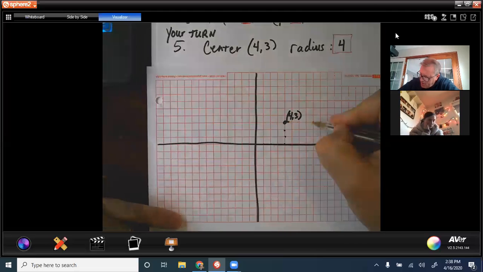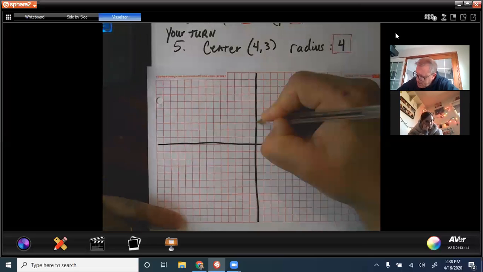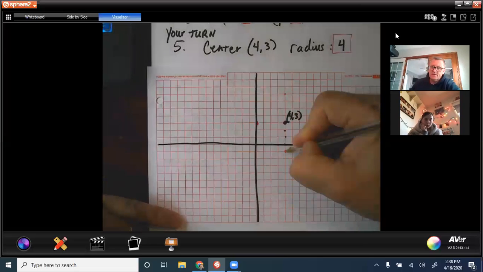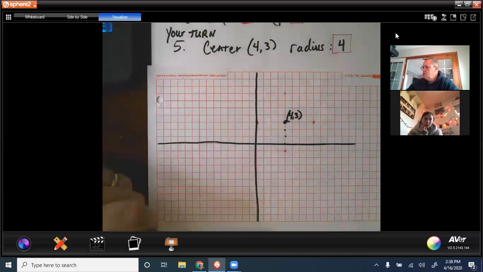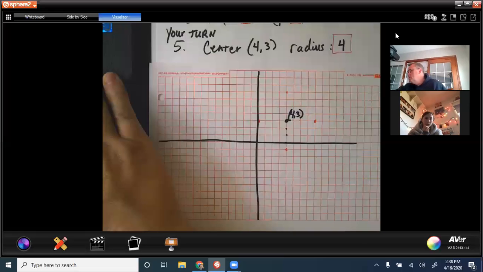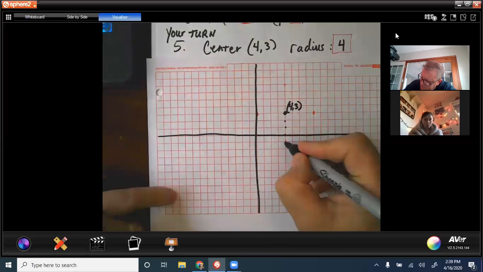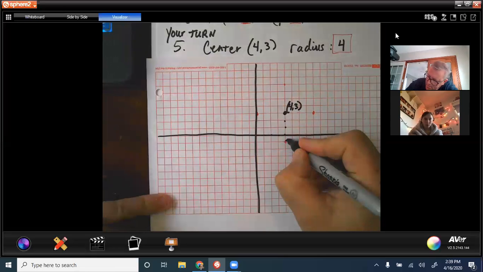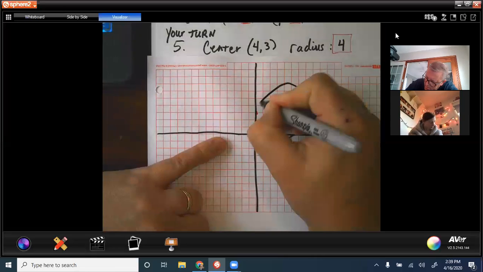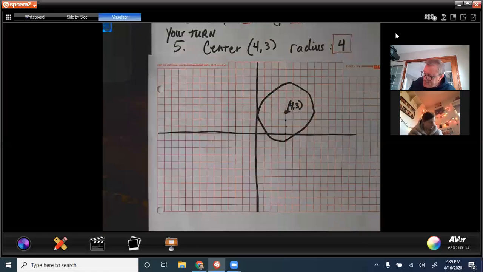That's on the circle. I go up 4, I go over 4, and I go down 4. So you can see the 4 different spots. If I connect them in a circle, that's an ugly circle, but that's it. It's got a radius of 4.